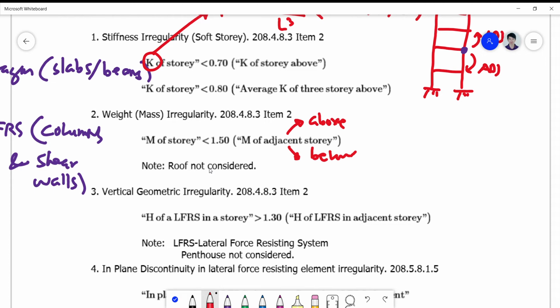Of course, winds are transient loads that can cause damage, but it has nothing to do with the earthquake effect.